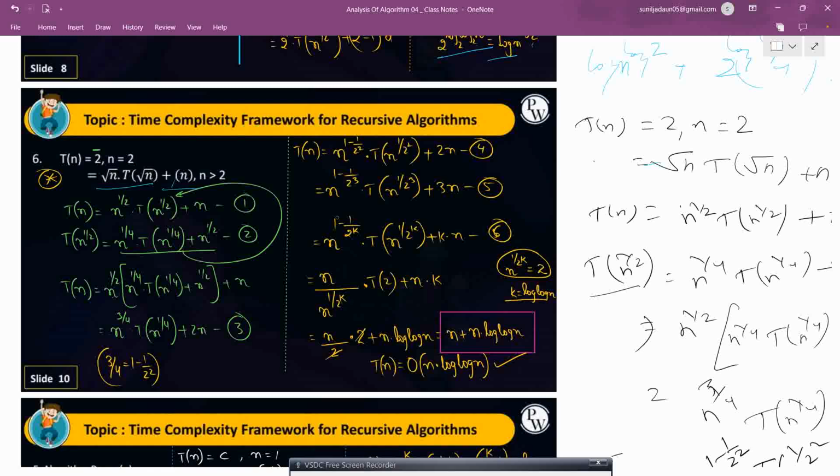So it was solved here. Log n, log 2 log n. What was it? 1 by 2 to the power log n. So what could it be?